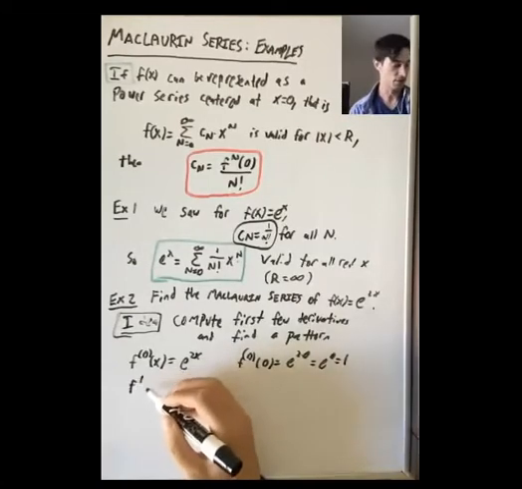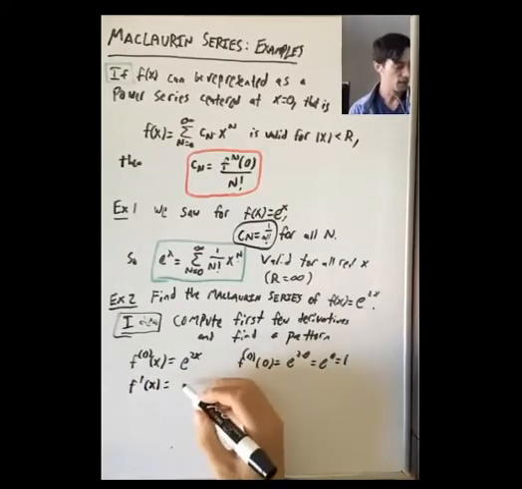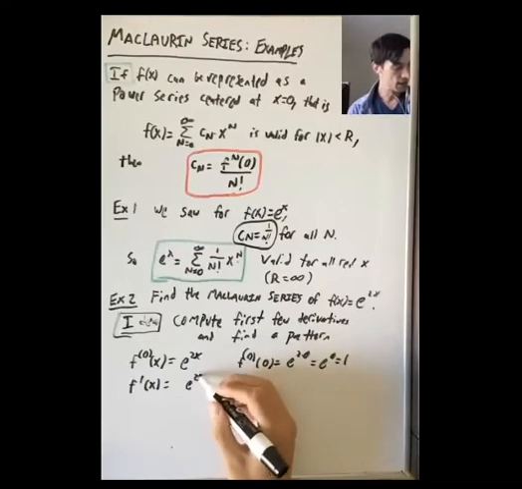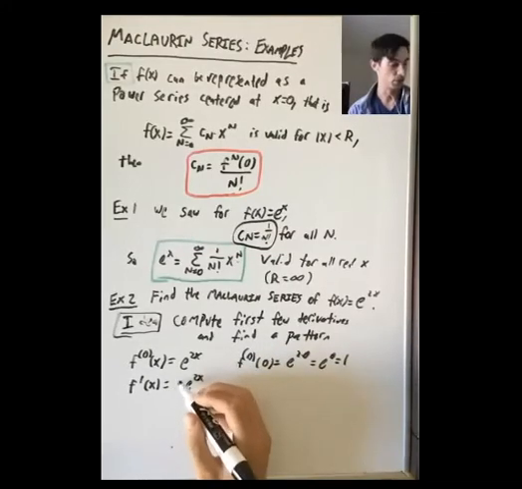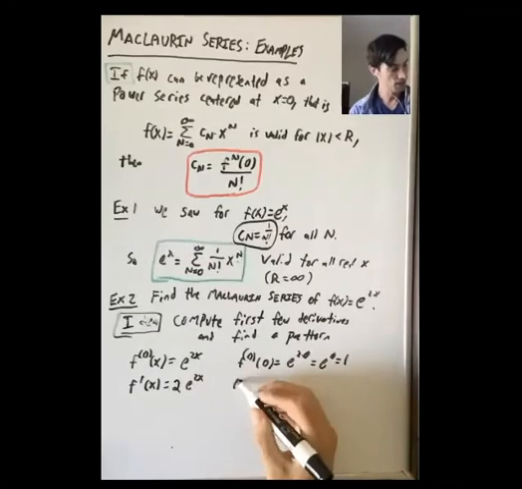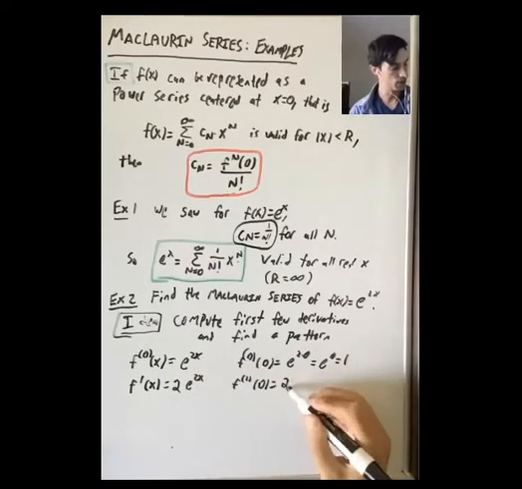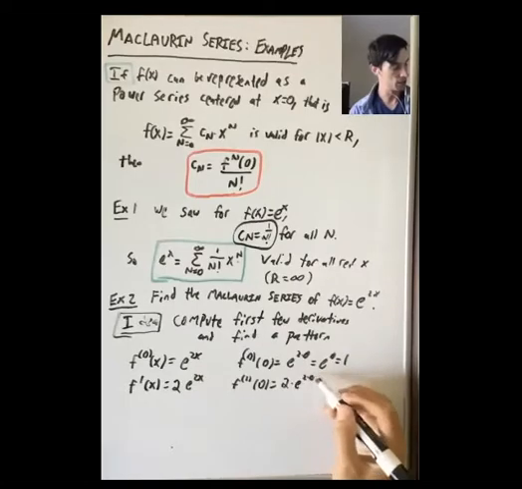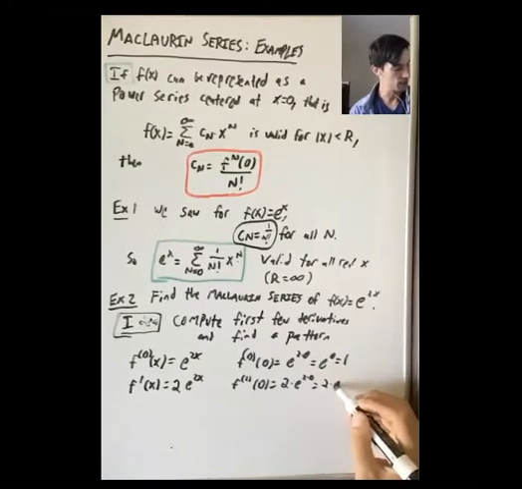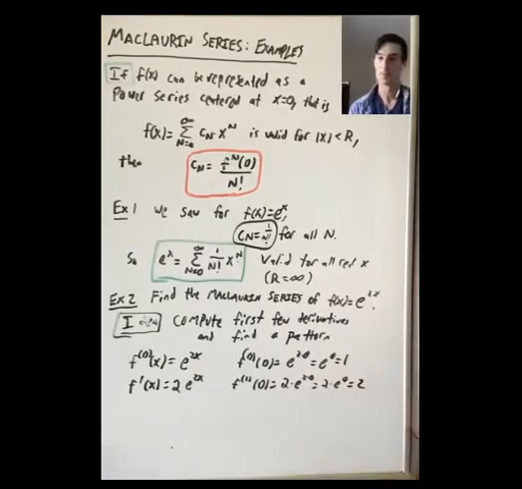What about the first derivative? Well, we get e to the 2x, and then we get a factor of 2 from the chain rule. So that means we take the first derivative, we evaluate at 0, we get 2 times e to the 2 times 0, which is 2 times e to the 0, which is 2.